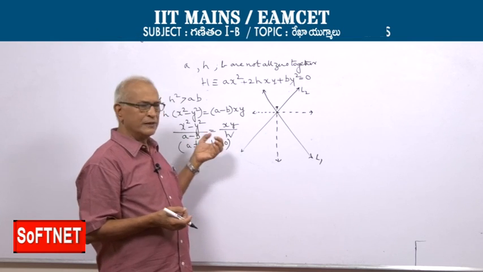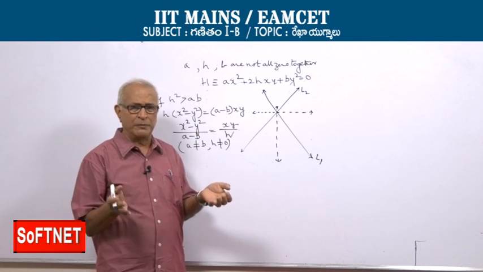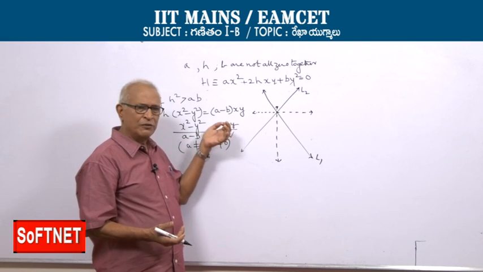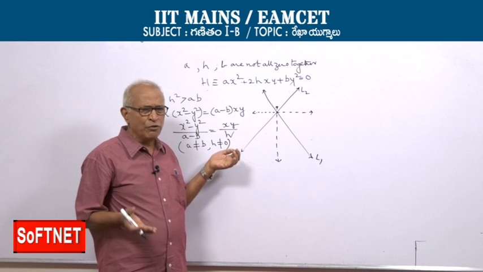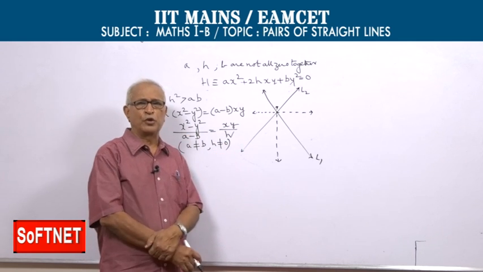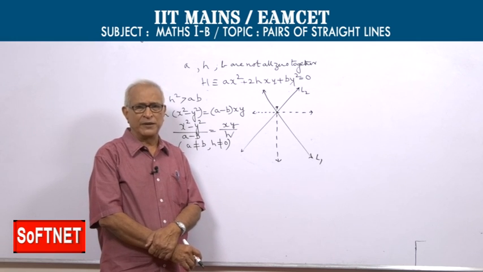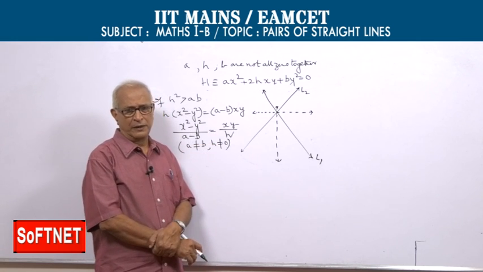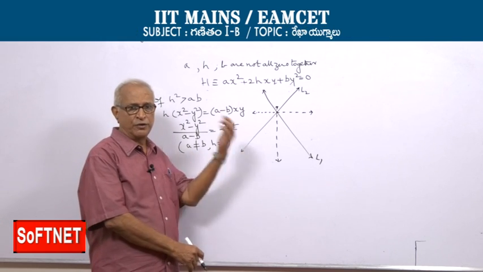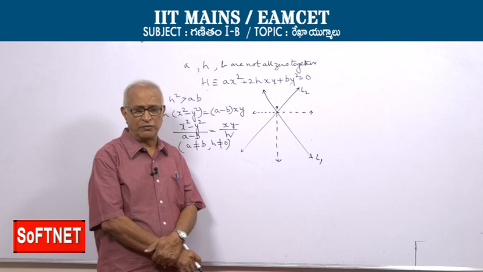This is the advantage because x square minus y square by a minus b, coefficient of x square minus coefficient of y square, equal to xy by, exactly not the coefficient of xy but half the coefficient of xy. So, that is more convenient for students to remember this equation of the pair of bisectors in this latter form. But the correct form, which can be applicable to all situations, is h into x square minus y square equal to a minus b into xy.